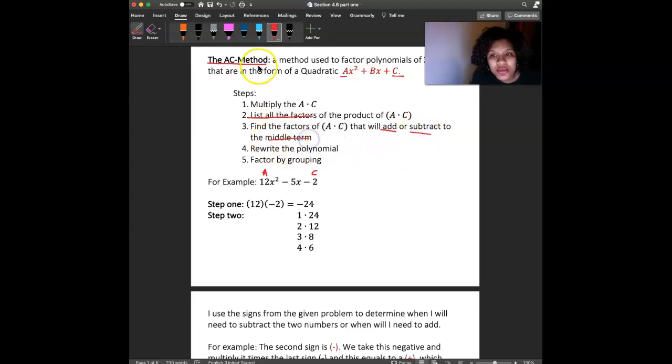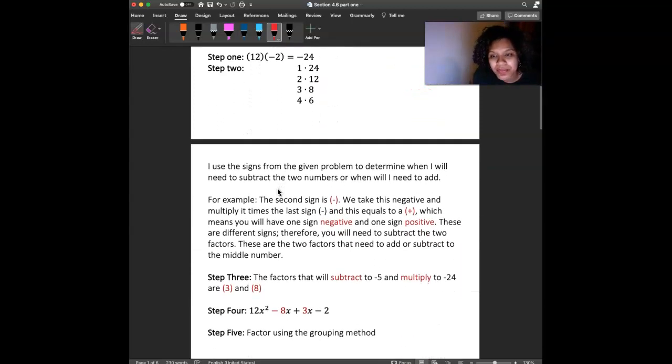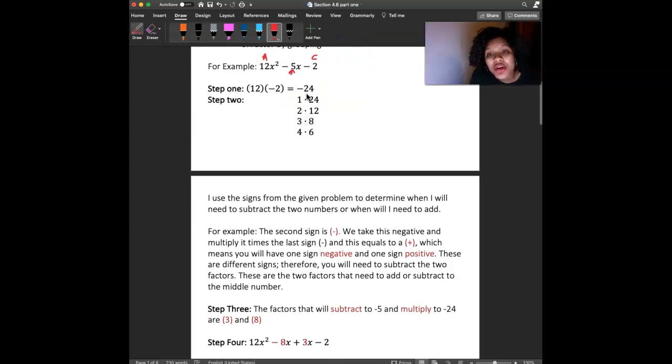Step 3 is to find, from these factors, which one will add or subtract to the middle term. In this case, the middle term is negative 5. So how I find whether it's going to be addition or subtraction goes like this. I use the given signs from the problem to determine whether I'm going to add or subtract.